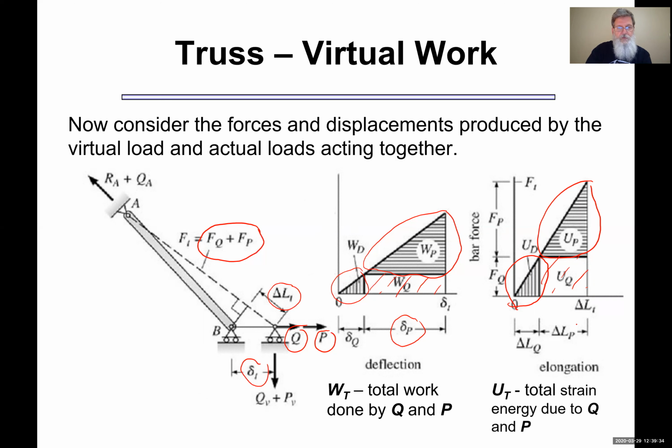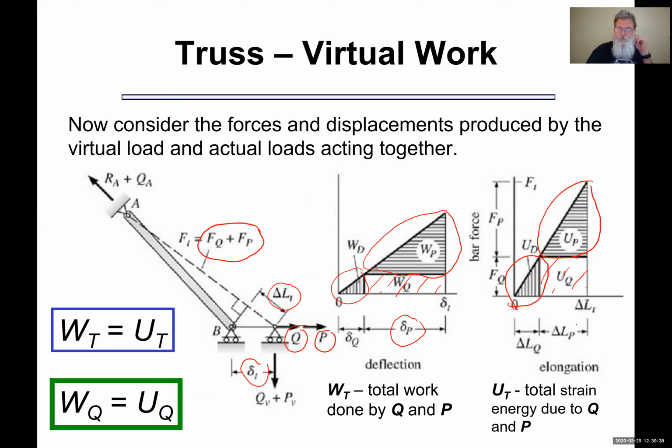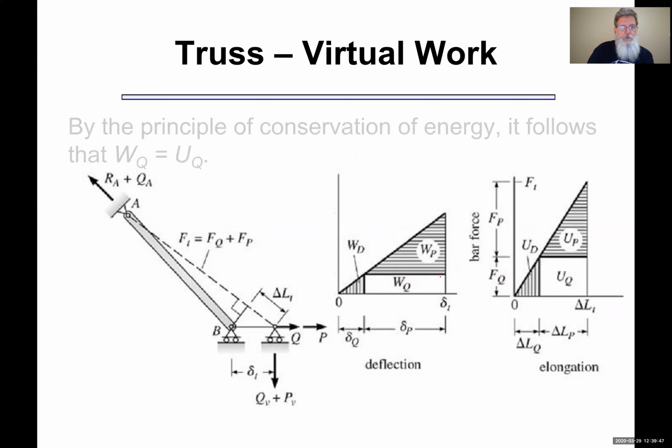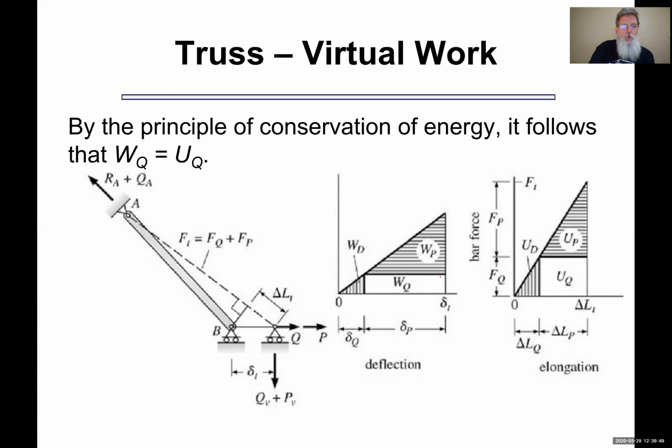And of course, those two things are the same. So what this in effect gives me now is I have a relationship between those hatched areas. So since the work done here has to equal the work done here, it gives me a different relationship.